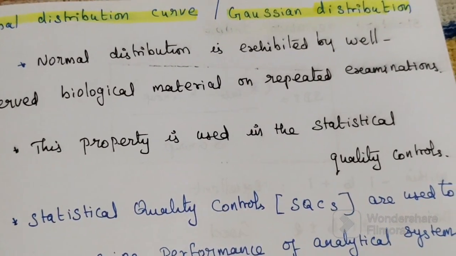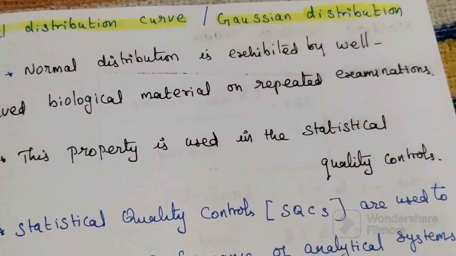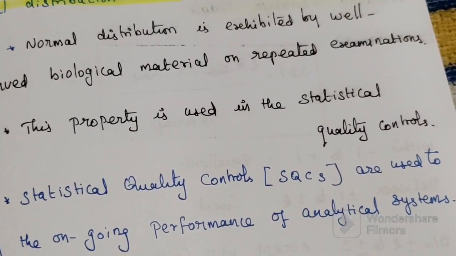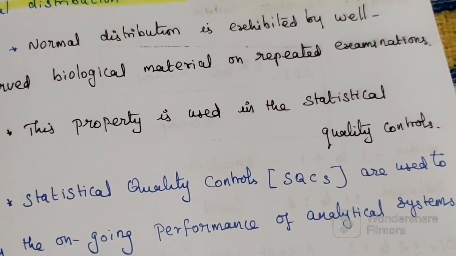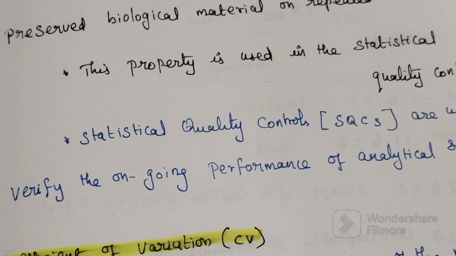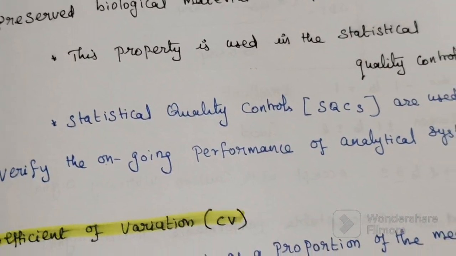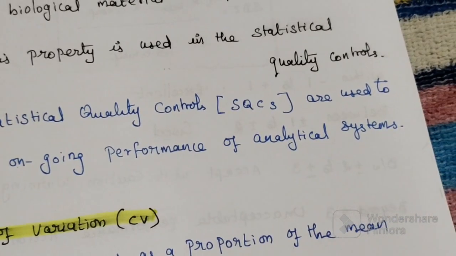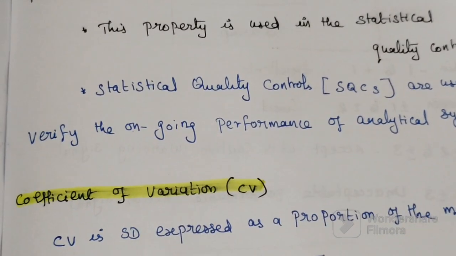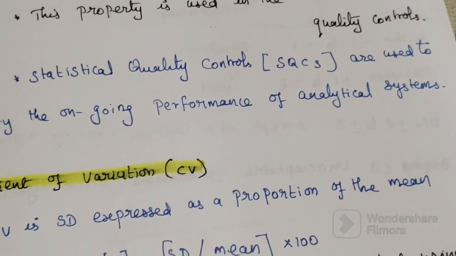This property is used in statistical quality control, and statistical quality control is used to verify the ongoing performance of the analytical system.